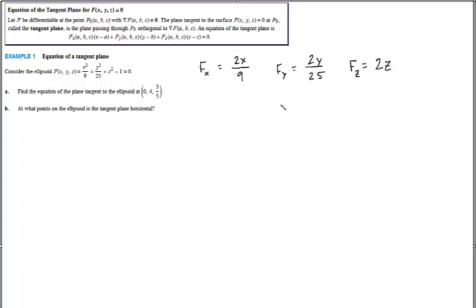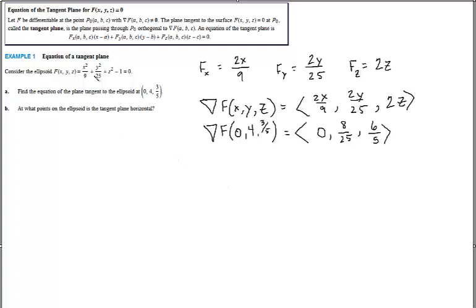And then I am to get that gradient, so let me just write this in proper notation. I have the gradient of f(x, y, z), and then I would write that as a vector: 2x over 9, 2y over 25, and 2z. And then I need to evaluate it at that point, and I'm going to do that.